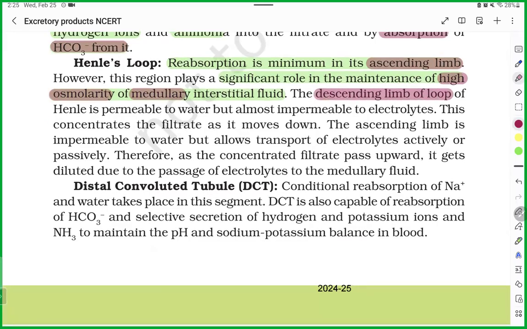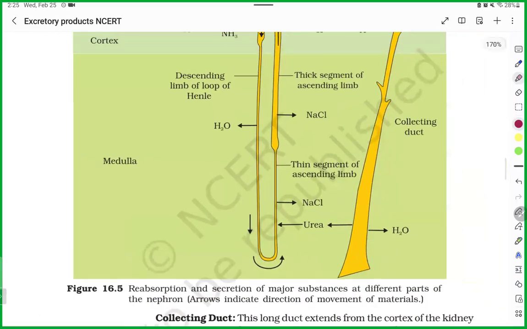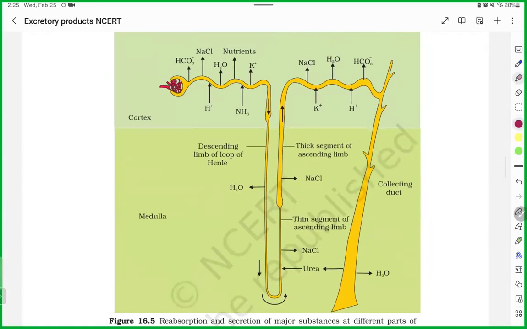Descending limb of loop of Henle is permeable to water but impermeable to electrolytes. So what is happening? You have this nephron, the functional unit of the kidney. This nephron is doing everything. First you have Bowman's capsule, then PCT, then loop of Henle, then DCT, and collecting duct.